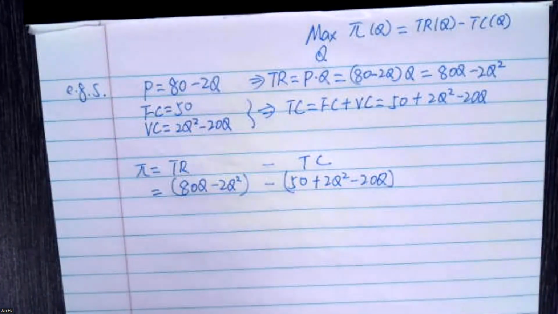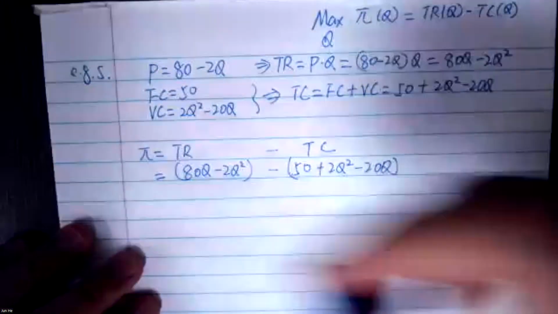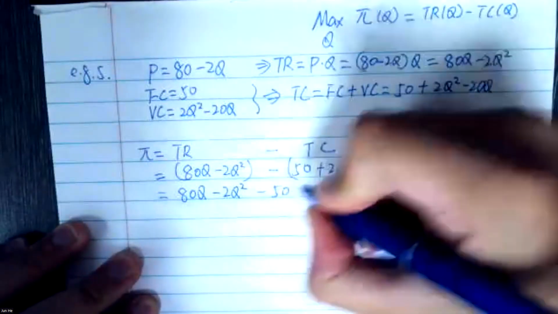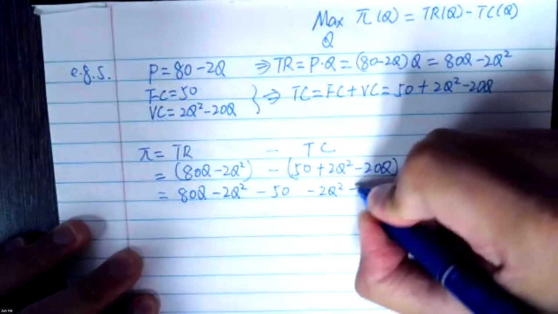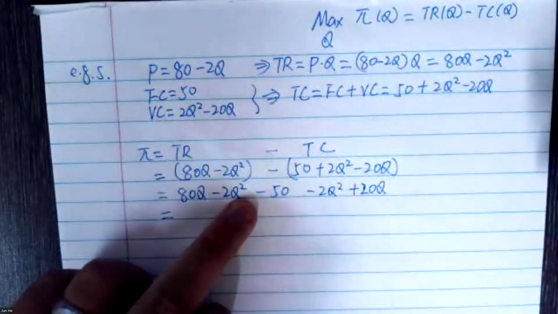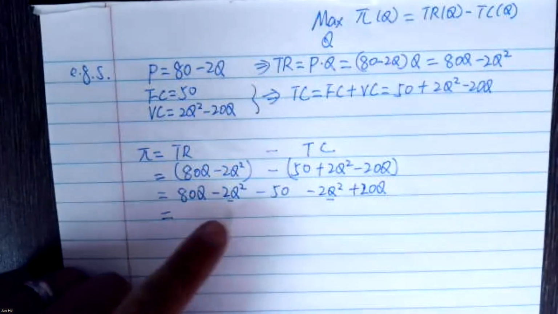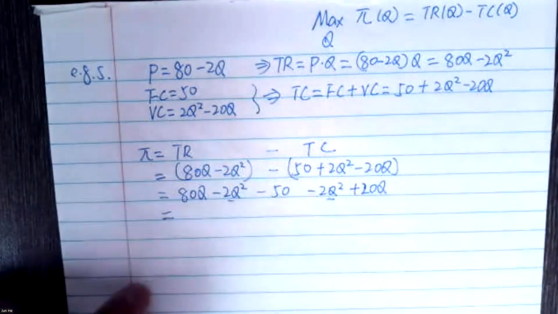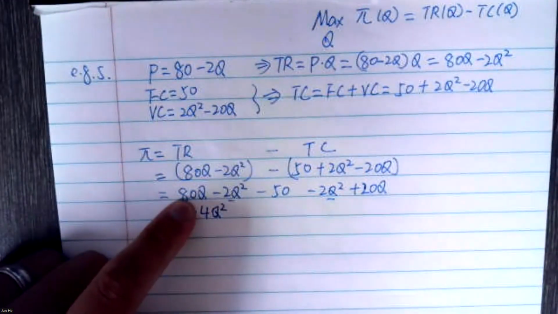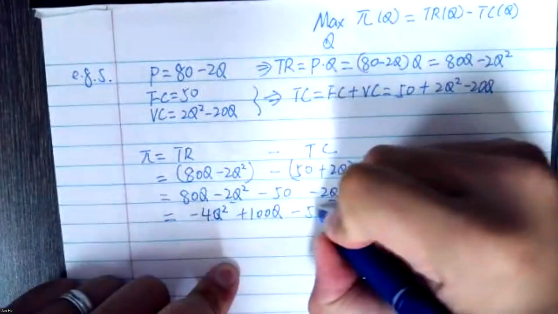Okay, so now we can expand and simplify this. The result is 80Q minus 2Q squared minus 50 minus 2Q squared plus 20Q. Now we can put things in order. We do the high power first. Minus 2Q squared minus 2Q squared, the result is minus 4Q squared, right? 80Q plus 20Q is plus 100Q, minus 50.